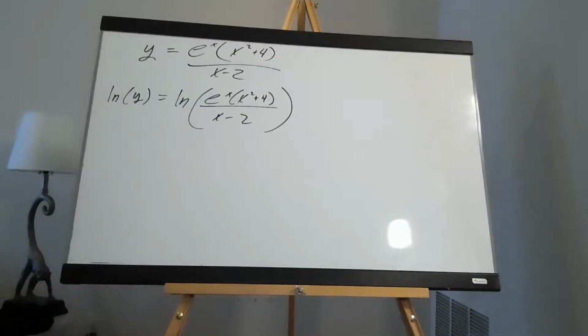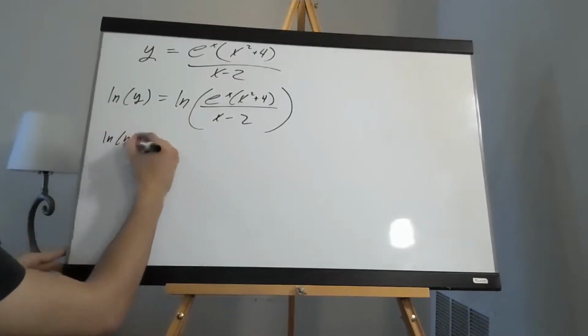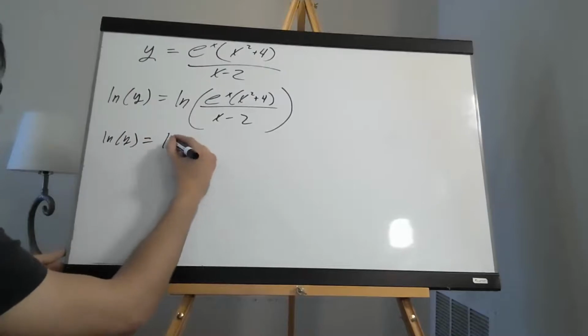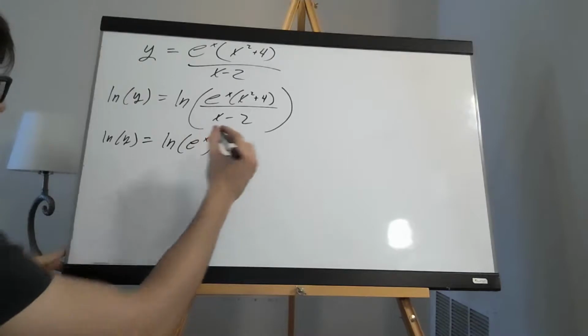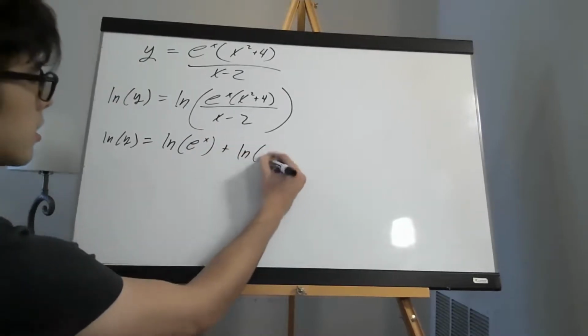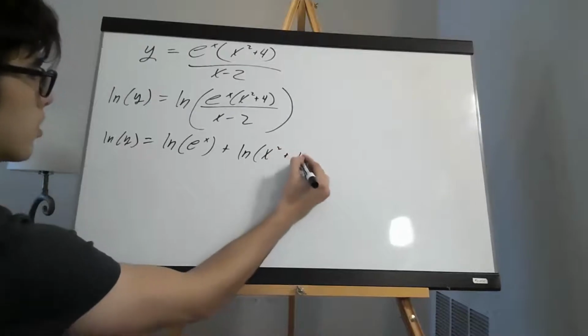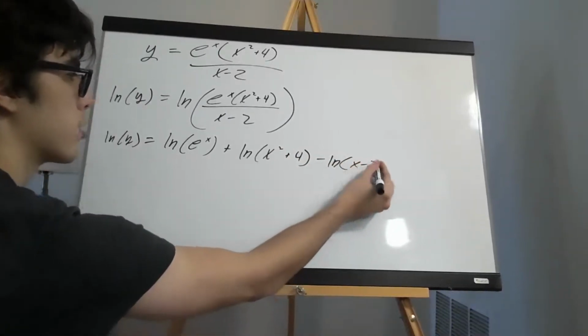The reason logarithmic differentiation is so useful is because logs have a lot of cool properties. For instance, this one: the natural log of e to the x, and I'm going to get to that in a second, plus the natural log of x squared plus 4 minus the natural log of x minus 2.